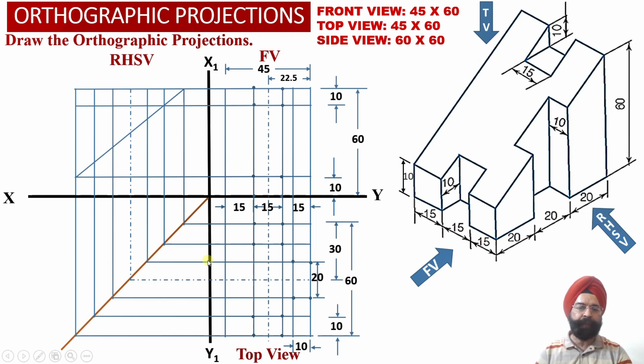So we have taken this backwards, and now once we transfer it into the right hand side view, let us find out the point of intersection with the inclined surface.